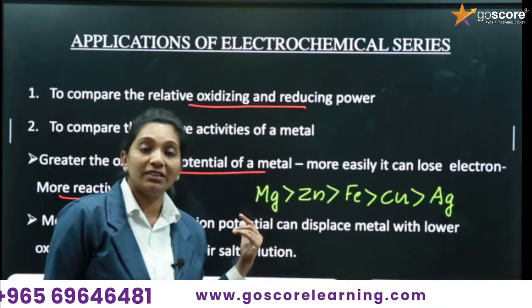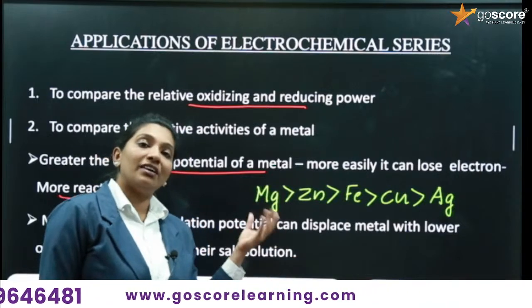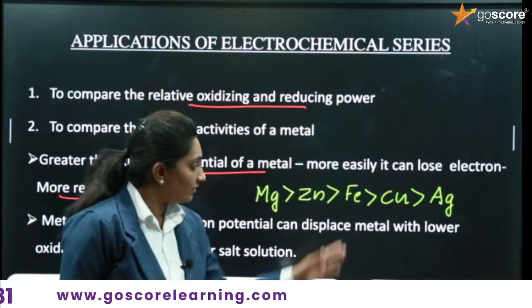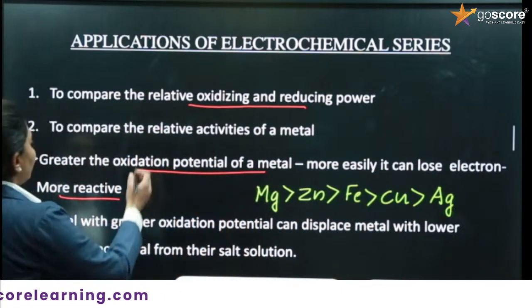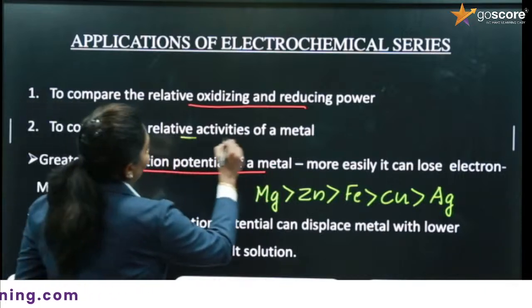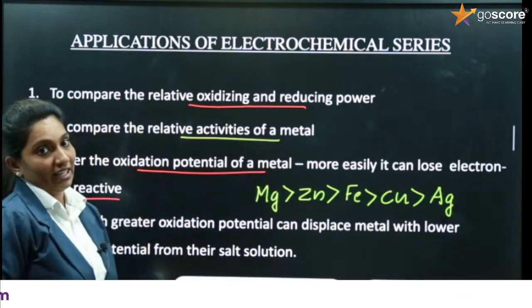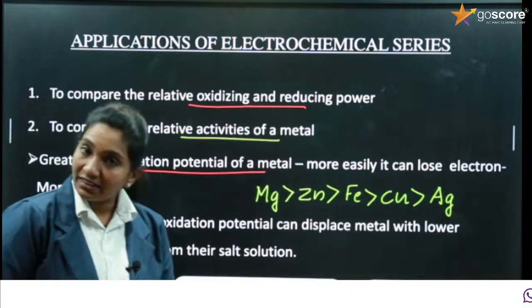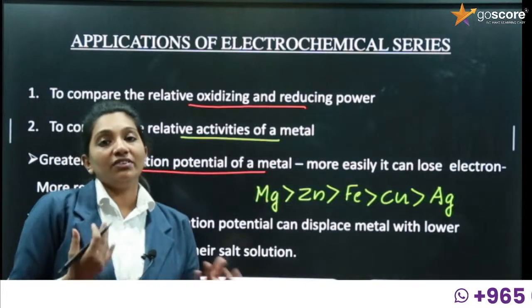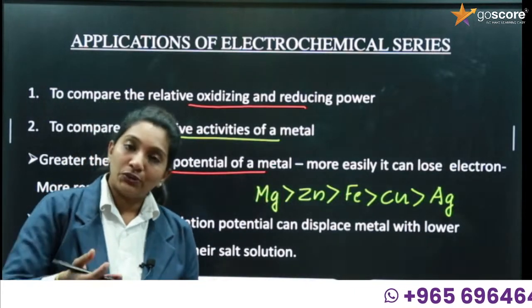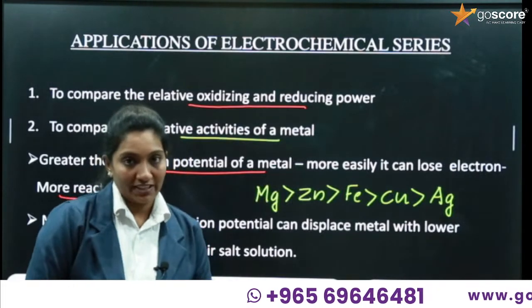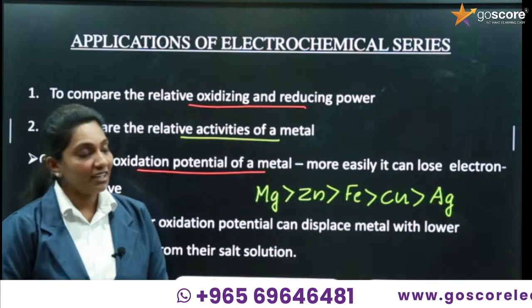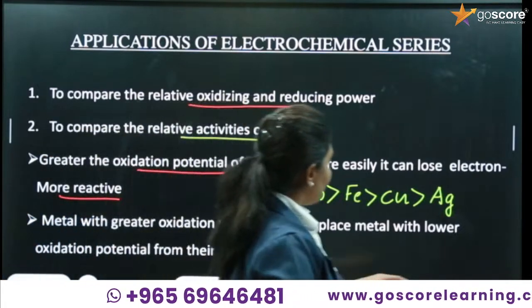Definitely, that will be the reactivity order. We know that magnesium is more reactive than copper and silver. So that is how we can compare the relative activities of metals. If a metal has a greater oxidation potential, it will have a greater tendency to lose electrons. That means it will be more reactive. That is the second application of the electrochemical series.